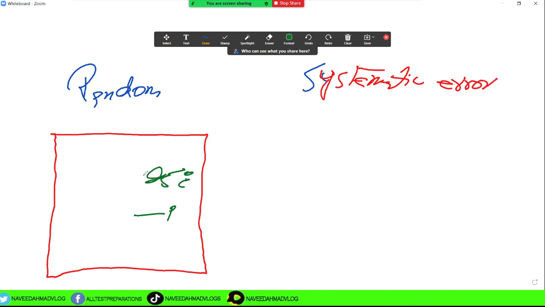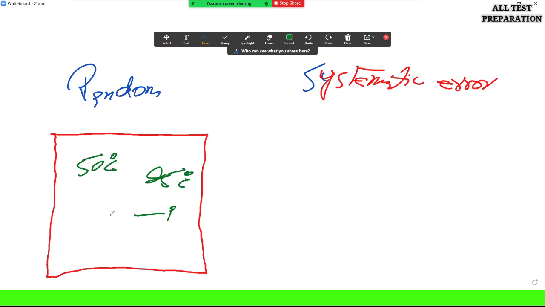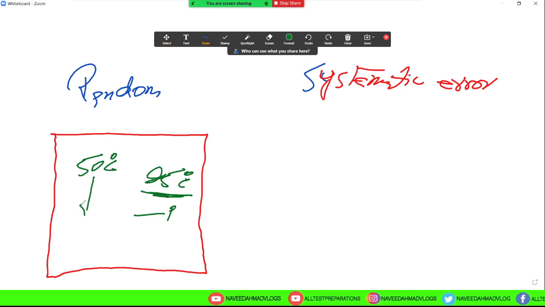Let's suppose the temperature of this room is 50 degrees and you are performing a reaction in this lab, and the temperature requirement for that reaction is 25 degrees, but your lab temperature is 50 degrees. Because of this, there will be some sort of error in that reaction. That error is your random error. We call it random error.